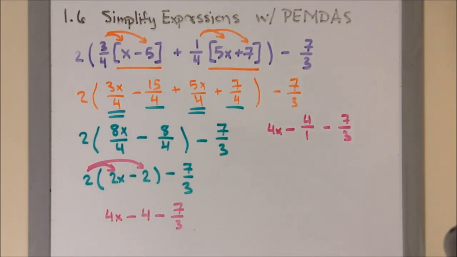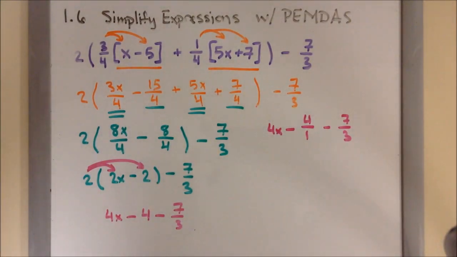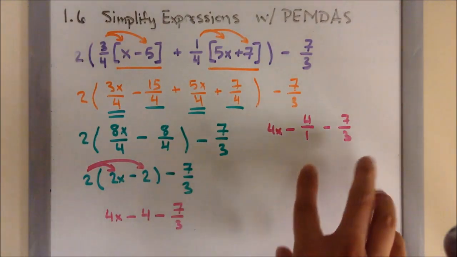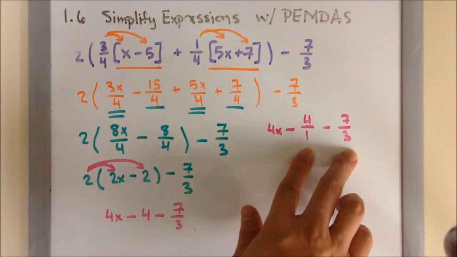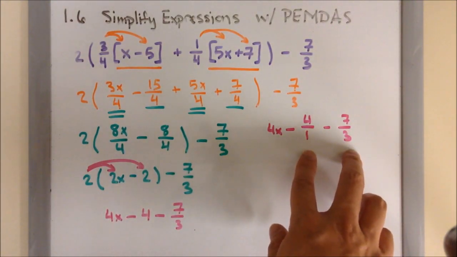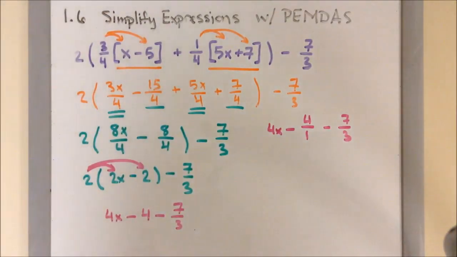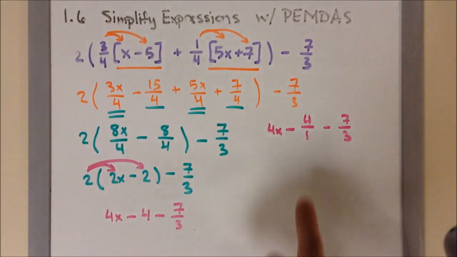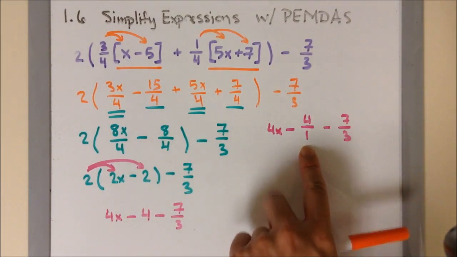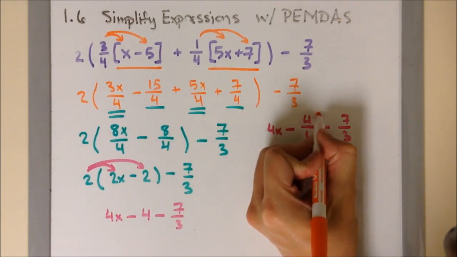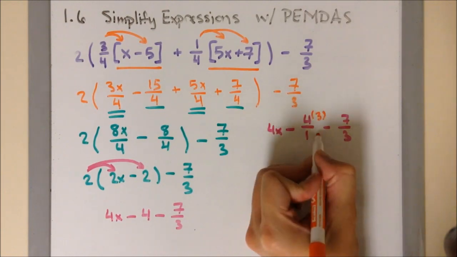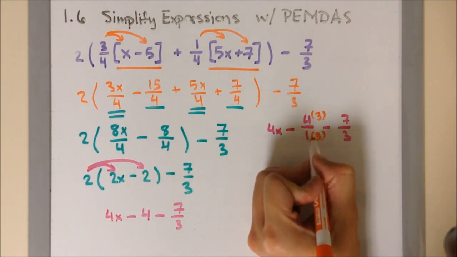So from there, I need to make sure I have the same denominator. In this event, we do not yet. The common denominator between 1 and 3 is 3. So the only thing I need to change is this fraction with the 1. I'm going to multiply top by 3 and then the bottom by 3.